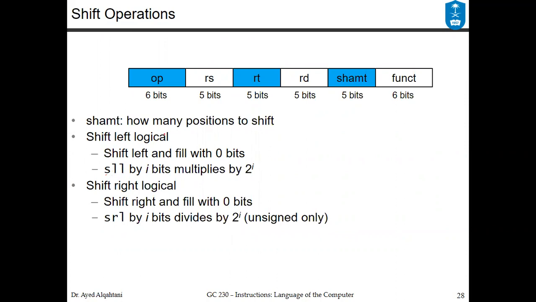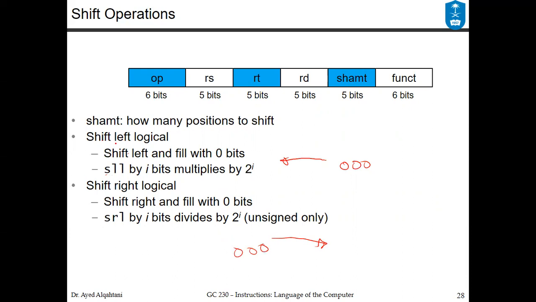So shift left logical, shift to the left, and fill with 0 bits. When you are shifting to the left, you will enter zeros as you shift. Shift right logical, same thing, but the direction to the right, and you also fill with 0.